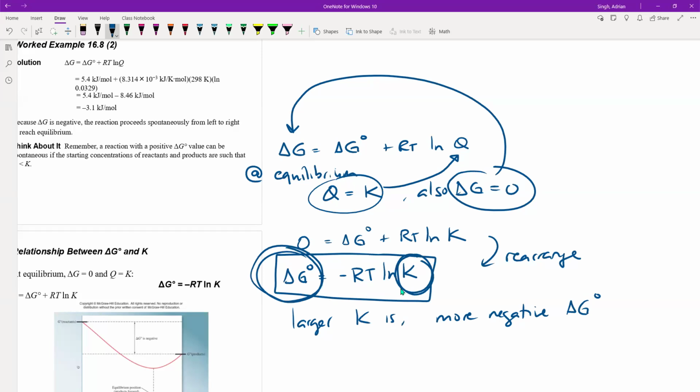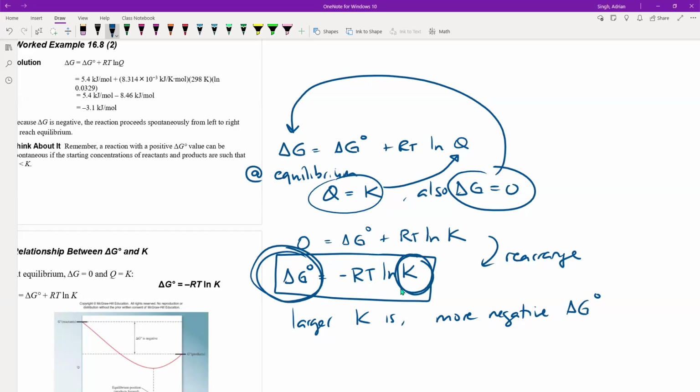And that should make sense because we talked about that before. The size of K tells us where the equilibrium lies. If K is big, equilibrium lies to the right. That corresponds to a negative delta G naught value.